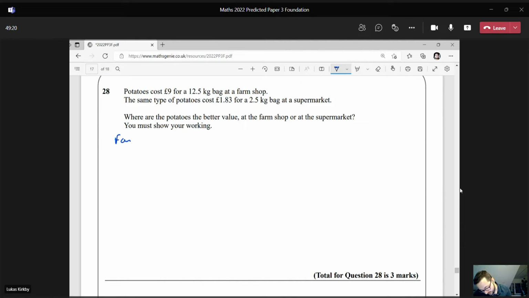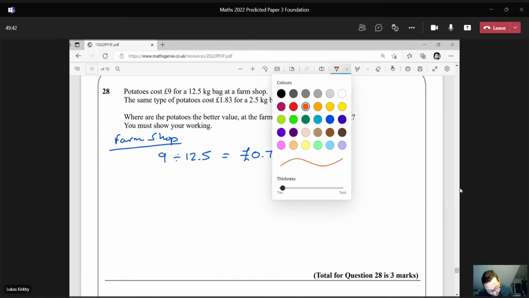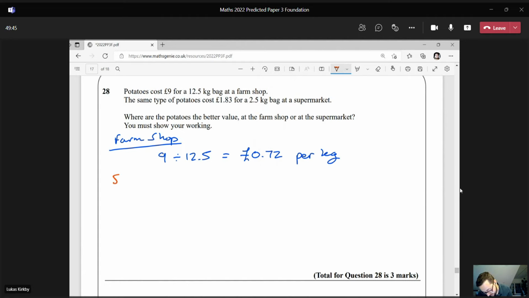So farm shop then, for 1 kilogram it's going to be £9 divided by 12.5, because it's for a 12.5 kilogram bag. So 9 divided by 12.5 gives me £0.72 per kilogram. And then if we look at the supermarket, that's going to be £1.83 divided by 2.5 to get down to 1 kilogram.